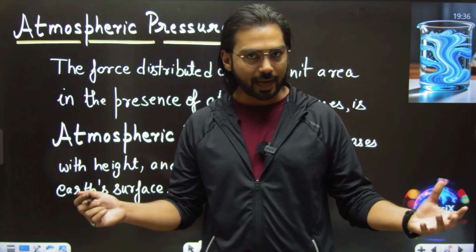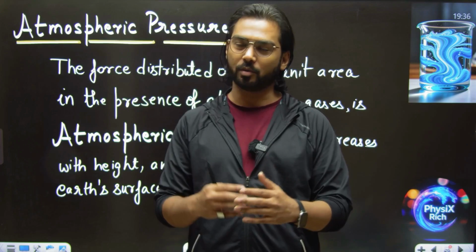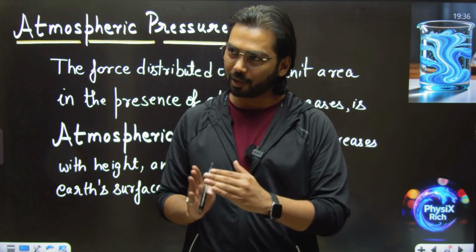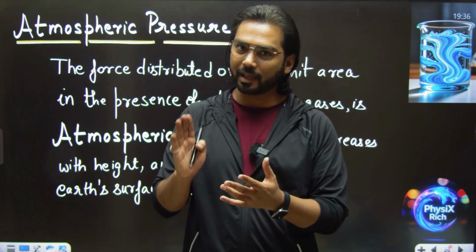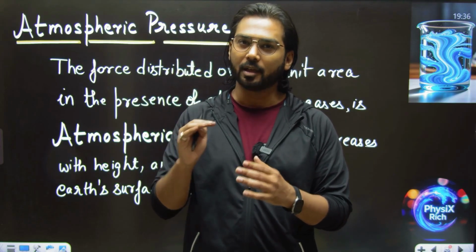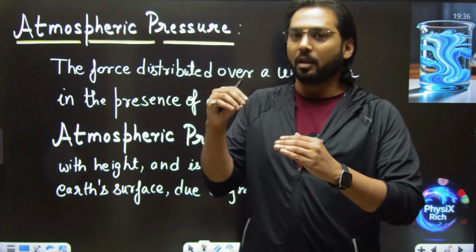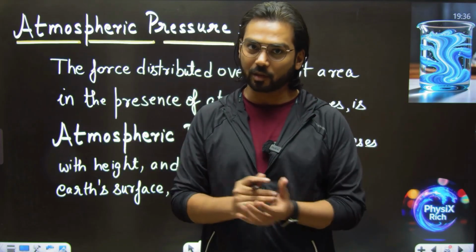Now, all these gases, they are around us. And if you were to sit on a rocket and shoot yourself upward, then you will see that the gases persist for quite a bit of height. And all these gases, they are full of molecules.